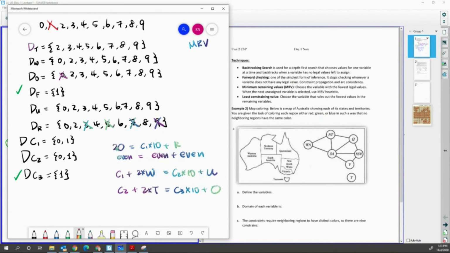Then I may take the first one for the checking. I'm going to choose 0 for C1. If I choose 0 for C1, this part is gone. That means 2 times O equals R. That means R is only 0, 2, 4, 6, 8. So O can be only 0, 1, 2, 3, 4.